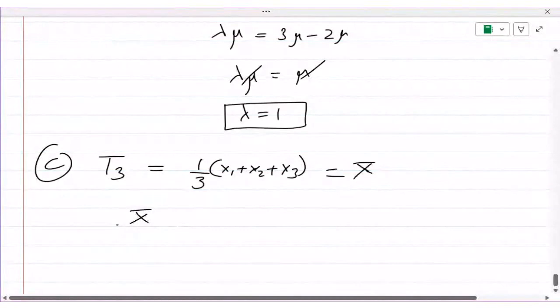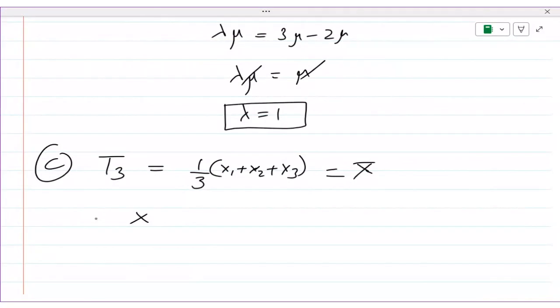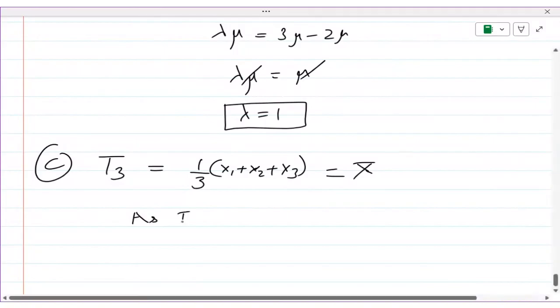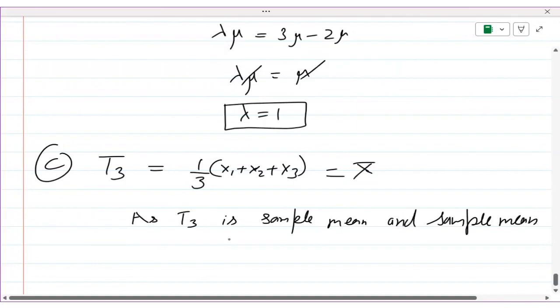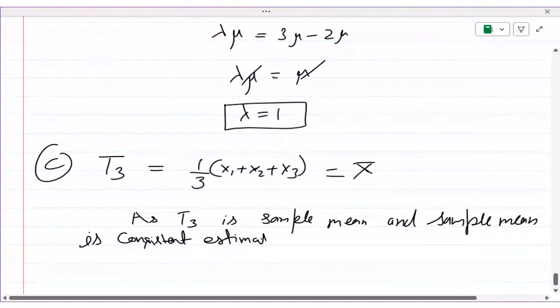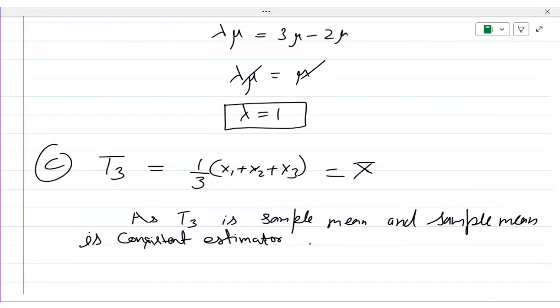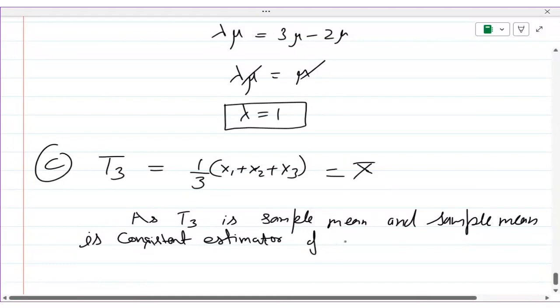Okay. So as T3 is sample mean, you can write in this way how you will answer this question. You will say as T3 is sample mean and sample mean is consistent estimator of population mean.